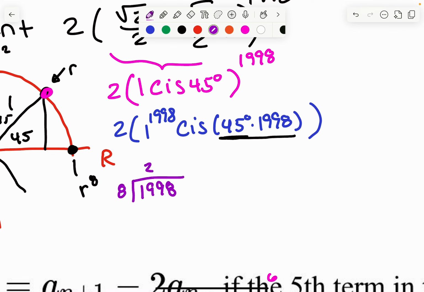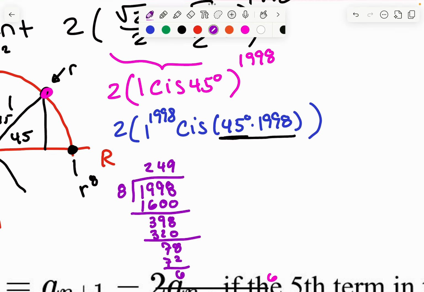So 8 goes into 19, and now I get 398, and then 8 goes into 398 4 times, and it goes into 78 9 times.